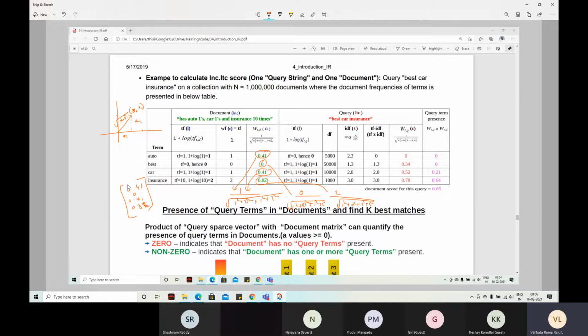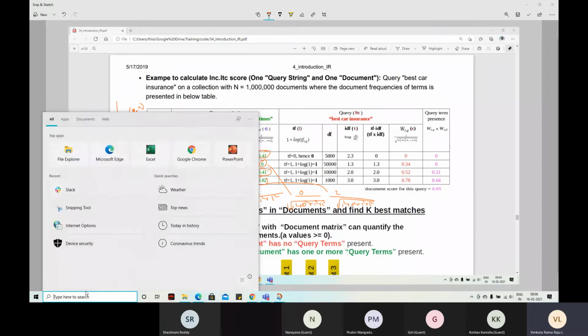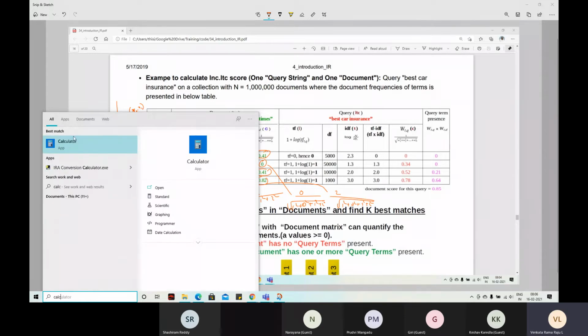So to calculate the length of this vector, or L2 norm, it's going to be 0.41 square plus 0 square plus 0.41 square plus 0.82 square. Let me calculate it and see whether it is a unit vector or not.